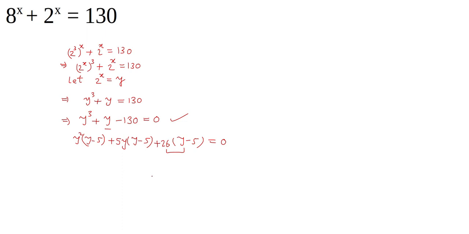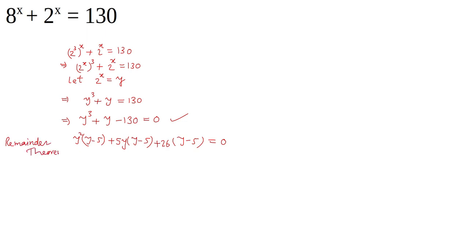So this term is adjusted, and the last term adjusts itself, because when you multiply this 26 with minus 5, you will get minus 130, which is the last term. So I hope you understood this. Here we have used the remainder theorem.